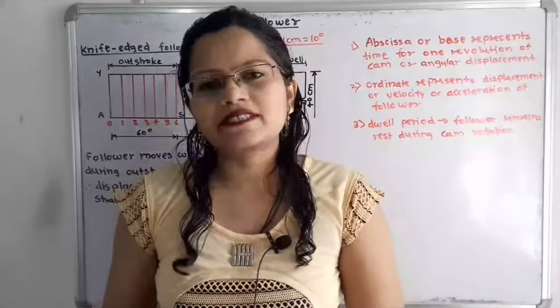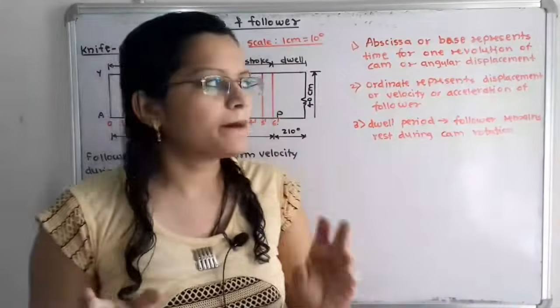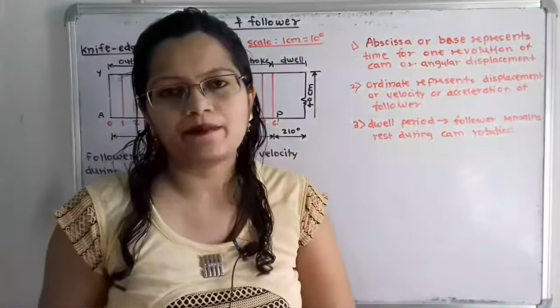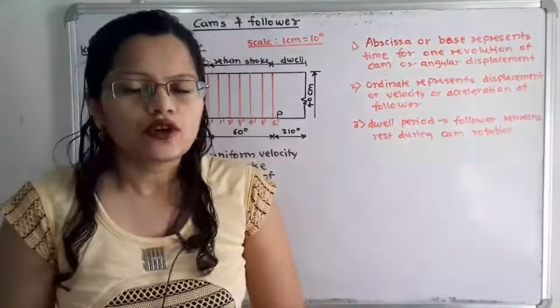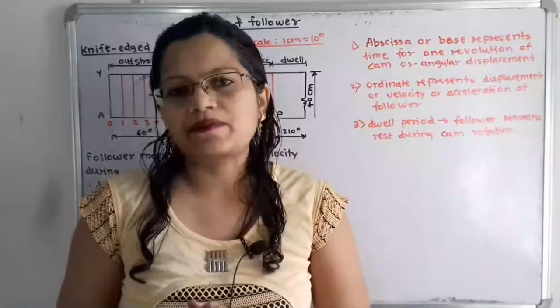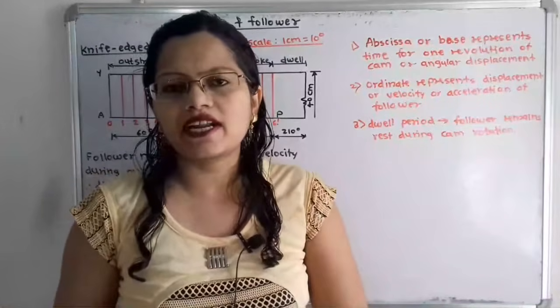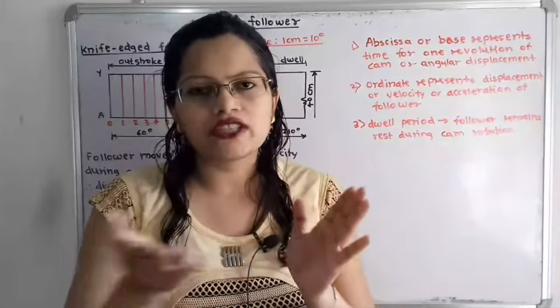So what does this abscissa represent? The abscissa, or we can also say the base, represents time for one revolution of cam, or angular displacement. We know that the cam rotates through 360 degree, so we have to make some equal parts as per the given data for this 360 degree with some suitable scale on the abscissa.